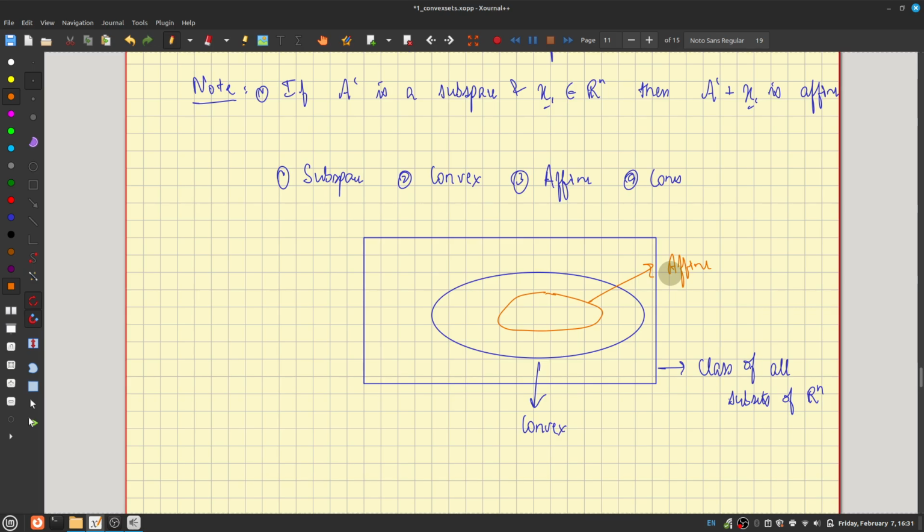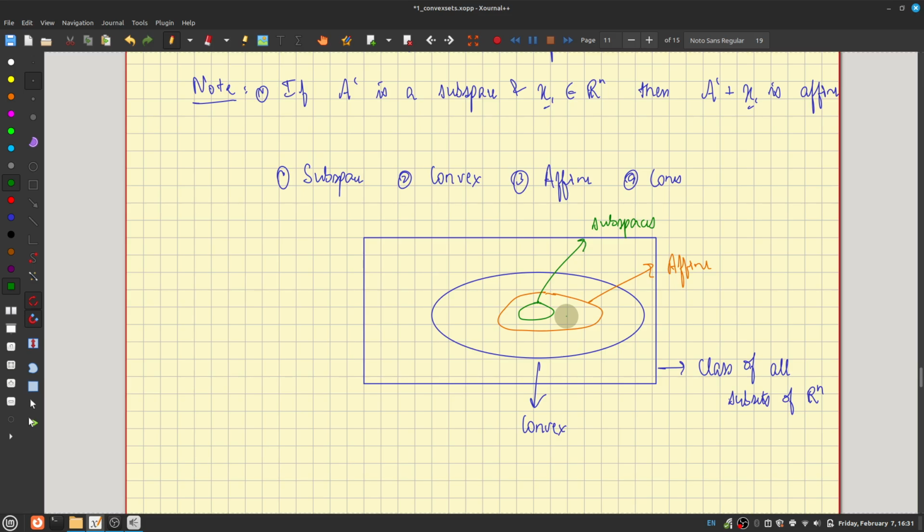Again, it is because affine combinations are also special subclasses of arbitrary linear combinations. So every subspace is an affine set. So this is the set of all subspaces. So you have this inclusion, right? Every subspace is an affine set, and every affine set is a convex set. That is what you're guaranteed.